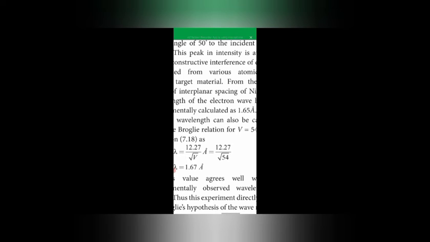This is the theoretical value, and the experimental value is 1.65 angstrom. This agrees with the experimentally and theoretically observed wavelength. So this experiment directly verifies the de Broglie hypothesis of the wave nature of moving electrons or moving particles.